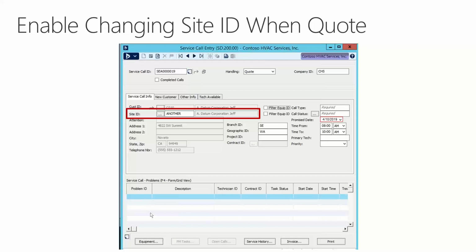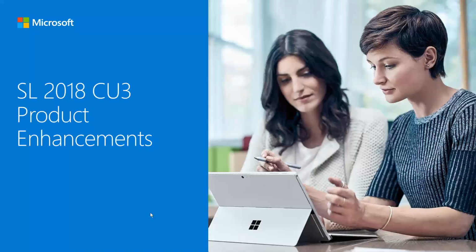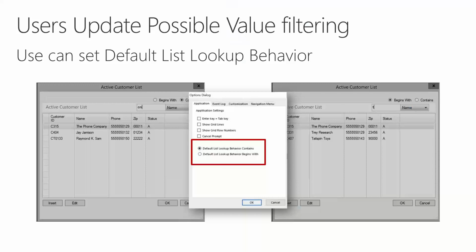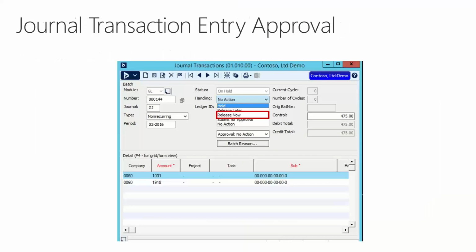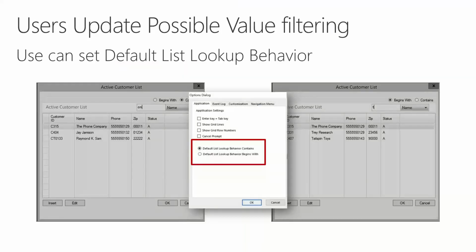Going on to CU3. Mouse will catch up. There we go. Going back to the 18 and the function, we added the ability so that you don't have to be an admin to set what your default value of begins with or contains will be.